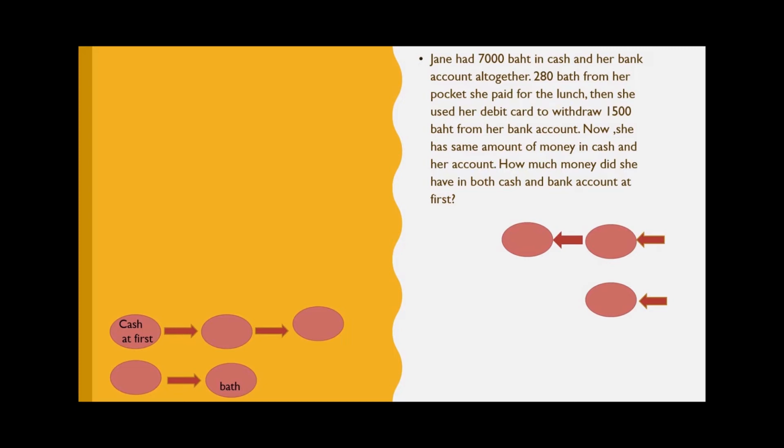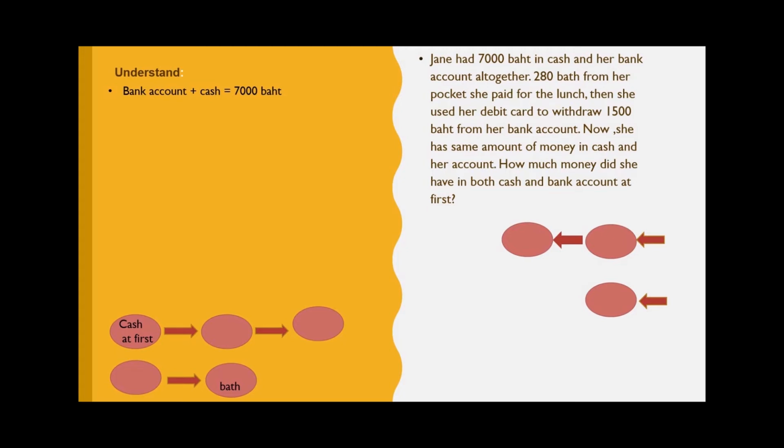So let's read the question again to fully understand it. Jane had 7,000 baht in cash and her bank account altogether. So now we know she has 7,000 baht. 280 baht from her pocket she paid for lunch.